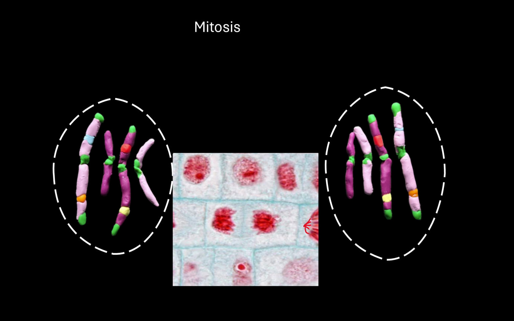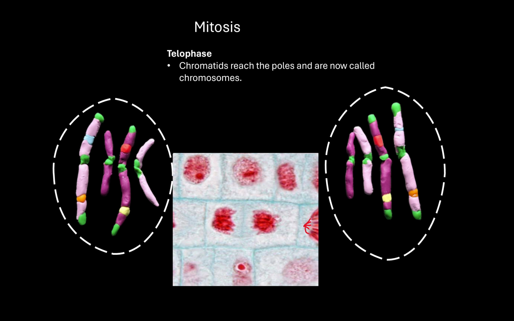Now, as we move through, the next phase is actually called telophase. In telophase, what's going to happen is those chromatids are going to reach those poles. So the spindle fibers have retracted all the way into the centrioles, pulling the chromatids with them.